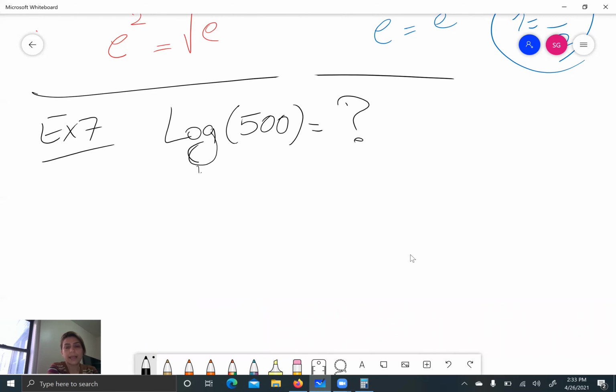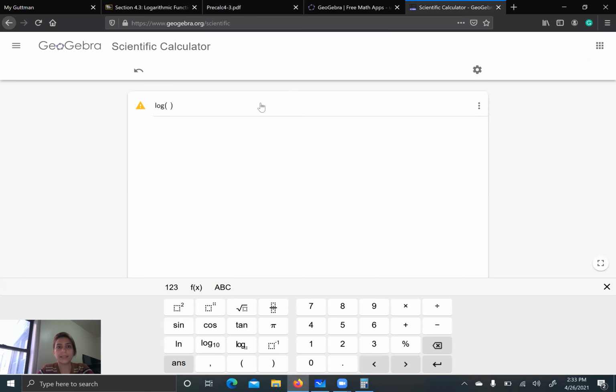Okay, so let's calculate it. Let's use our scientific calculator. In this case, the base is 10, and we need to find the log of 500. There we go. That's the answer. Usually in your homework or exam, it tells you to how many decimals to round it.